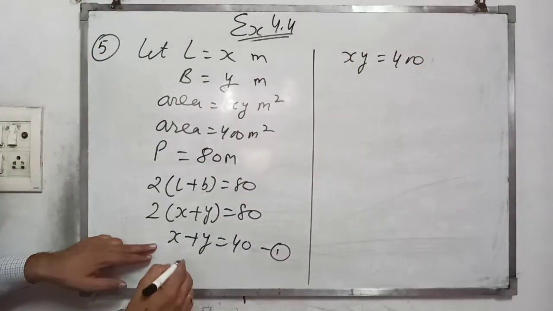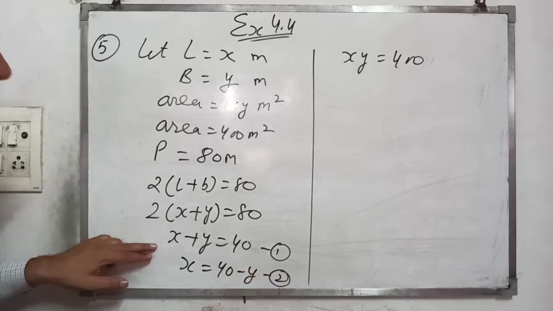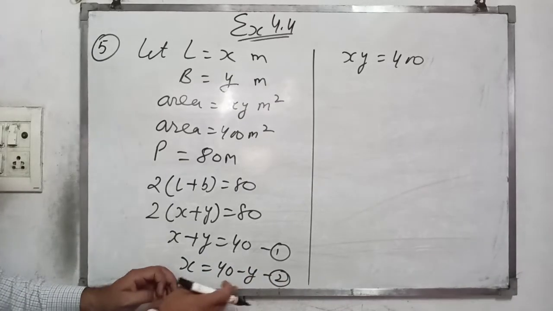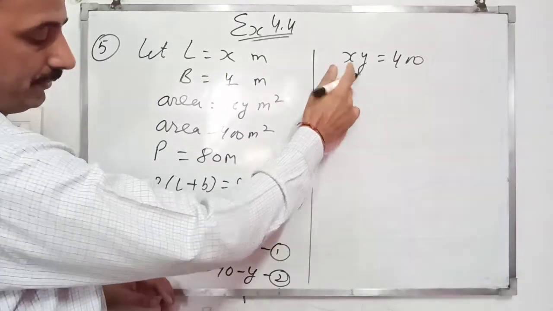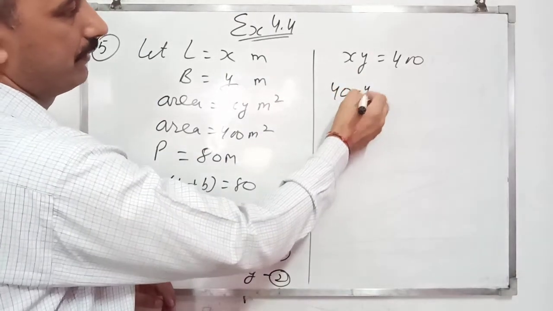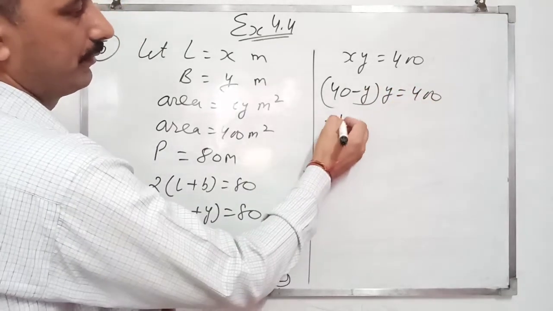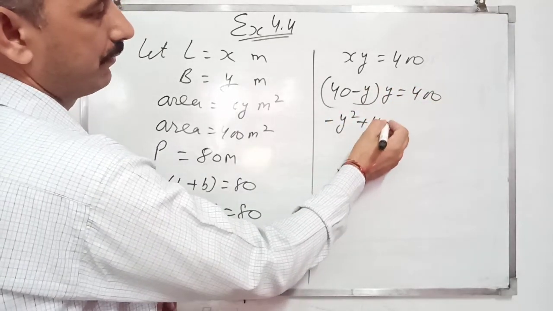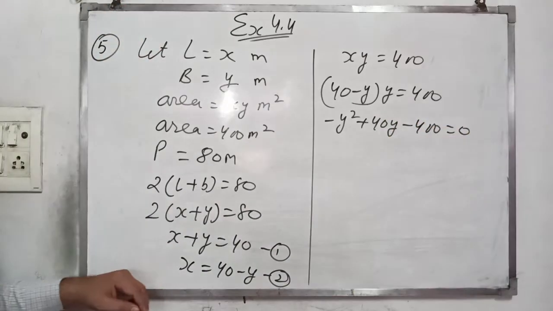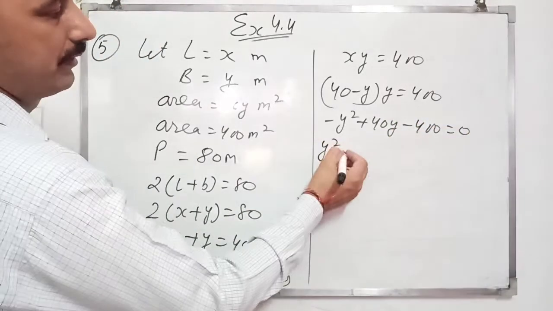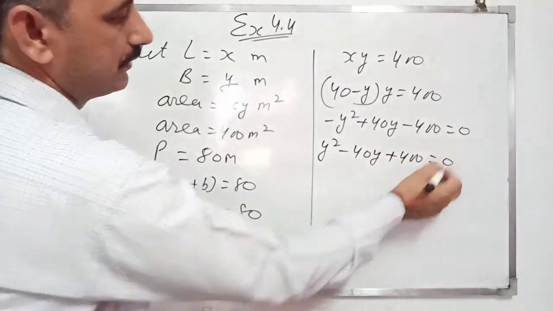So from 1 we can use x equal to 40 minus y. Put 40 minus y in place of x: (40 minus y) into y equal to 400. So it comes minus y square plus 40y minus 400 equal to 0, so you get y square minus 40y plus 400 equal to 0.